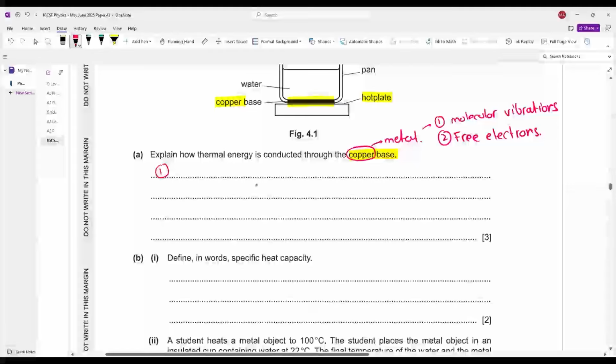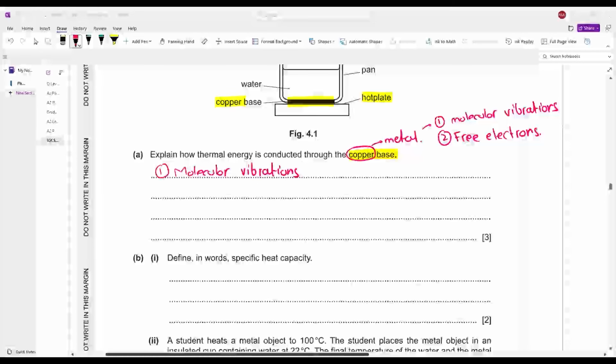First of all, the first point you can say here is molecular vibrations. In IGCSE physics, the examiner really appreciates if you write lattice vibrations. Molecular vibrations are replaced by lattice vibrations in IGCSE physics. In O-level physics, we write molecular vibrations. In IGCSE physics, we write lattice vibrations. Transfer energy in copper.